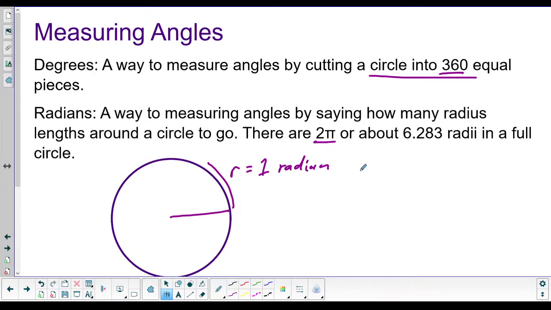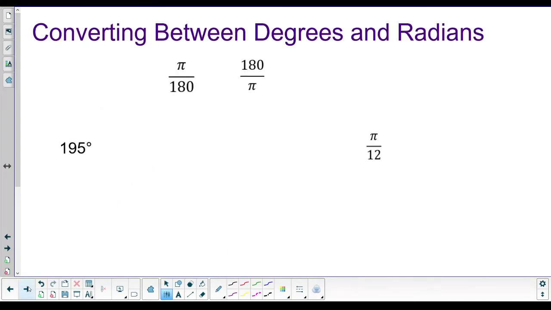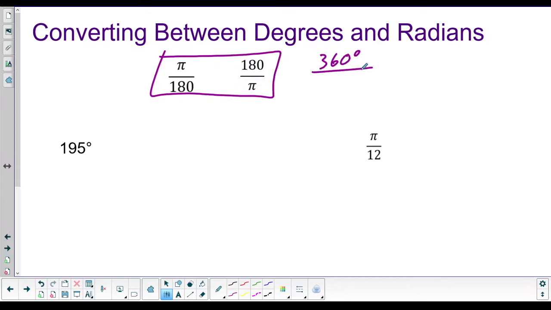Cool. So most of the time you're going to be able to recognize radians because they're going to be like pi over 6, or it'll be some fraction with a pi in it. That's how you'll know. So now that we know these, let's talk about how we convert between the two of them. So remember, there are 2 fractions. They're really the same fraction, just flipped upside down. And the way you get this is from knowing that there are 360 degrees per 2 pi radians, right?